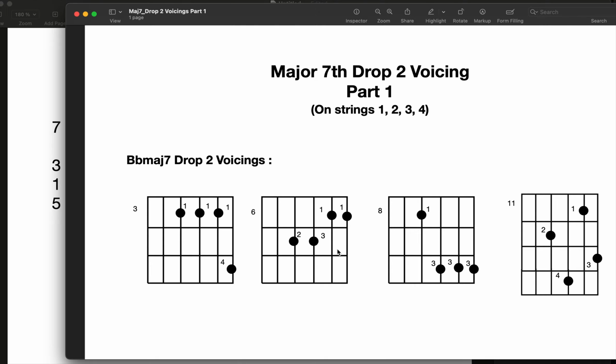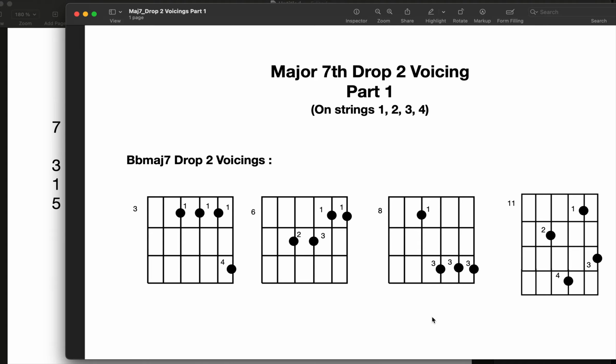Of course, this is also a drop 2 voicing. And from fret 8, this will be another drop 2 voicing for B flat major 7th, and this would be the last one, the 4th voicing. So this is the major 7th chord, and first inversion, second inversion, and third inversion.